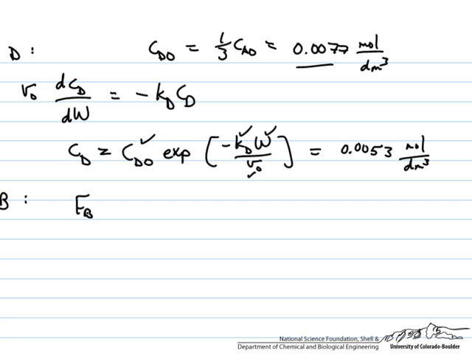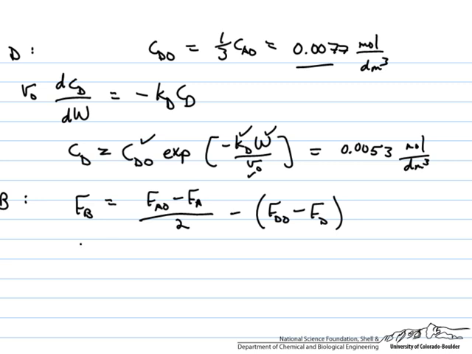Therefore the B that's exiting the reactor is equal to the A that was reacted away, FA naught minus FA, divided by 2, because only half a mole of B is produced for every mole of A that's consumed according to the stoichiometry. And then we also know how much D was reacted. We just solved for that above. That corresponds to how much B is reacted away, hence the minus sign.